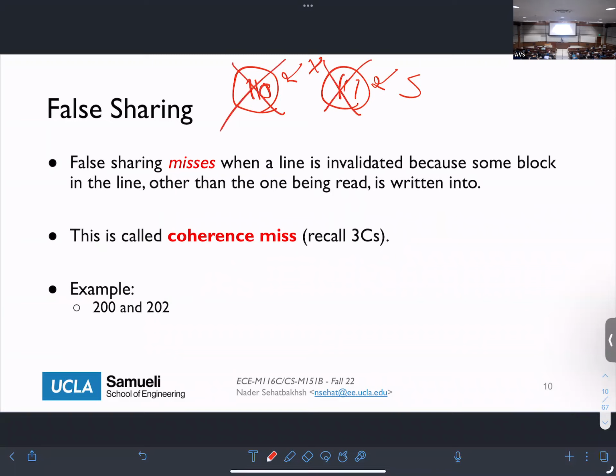And the next time that we want to read 110, the data is not going to be there. So there will be a miss. And this miss, we call it a coherence miss, because if there weren't any coherency protocol, 110 would have been there, right? And 110 has nothing to do with the fact that we are sharing 111. They just happen to be on the same cache line.